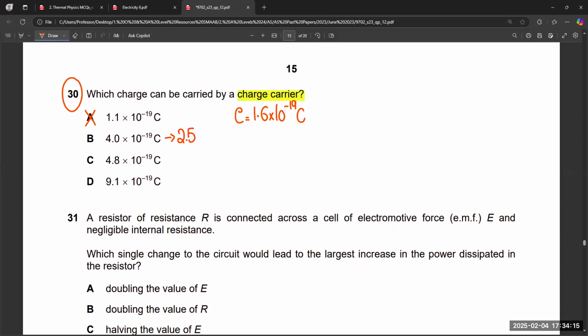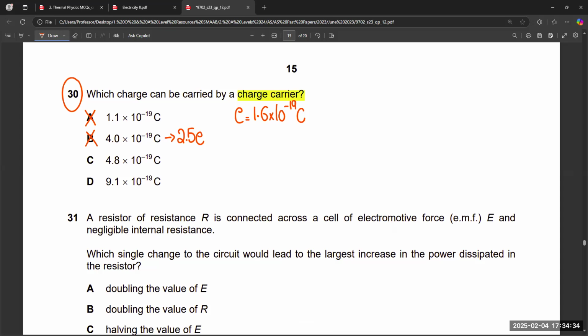So it is equal to 2.5 electrons. This is also not possible because the charge is 1.6 exponent minus 19 and this is elementary, so we cannot break this charge into half, quarter, etc. It must be a round value.